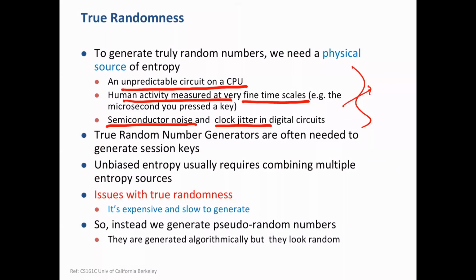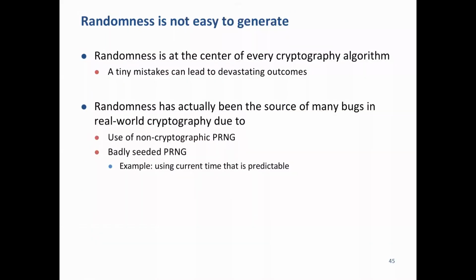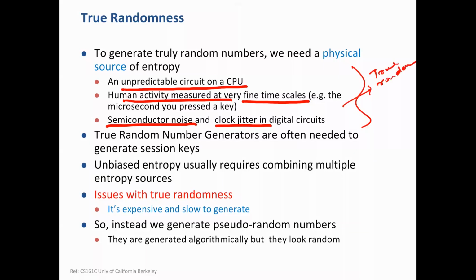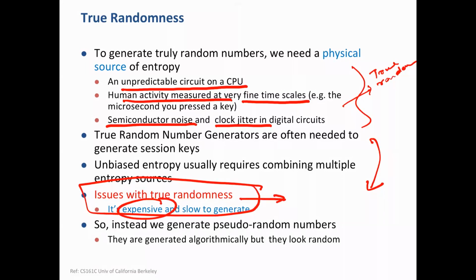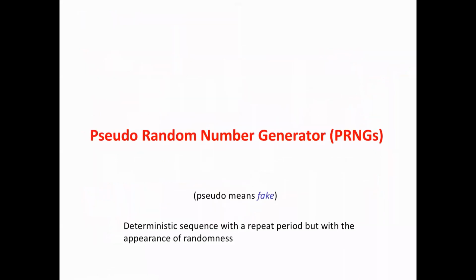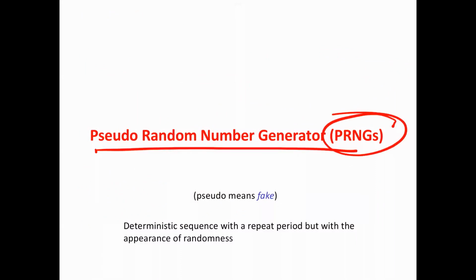These can give you true randomness if measured properly. And from that we can generate pseudo random numbers, because generation of true random numbers is expensive and very slow. From this we generate pseudo random numbers, which we call PRNGs.